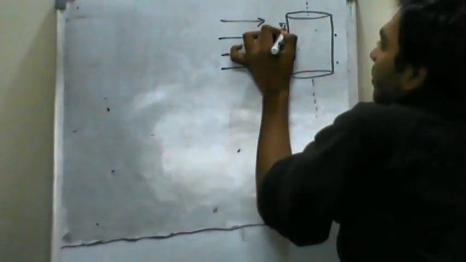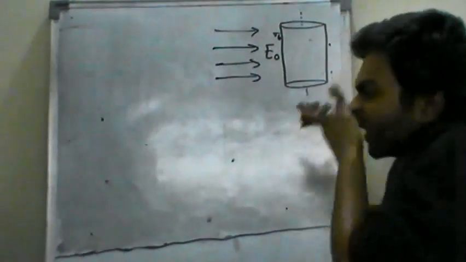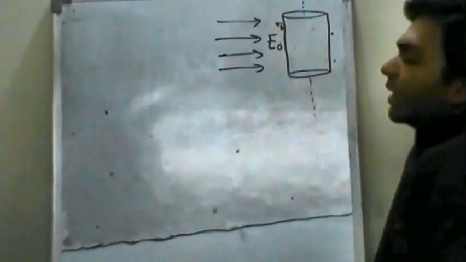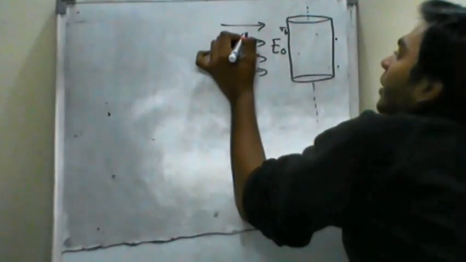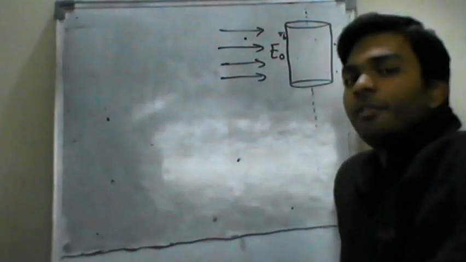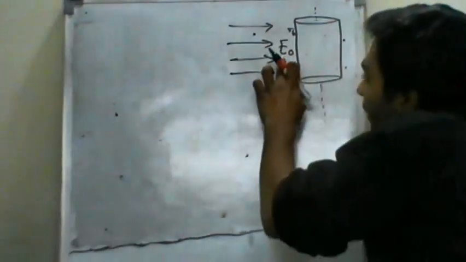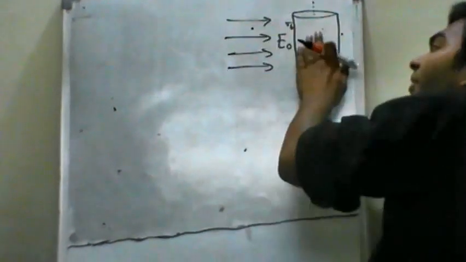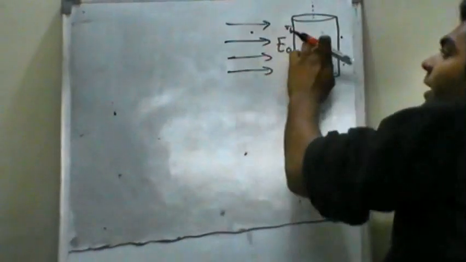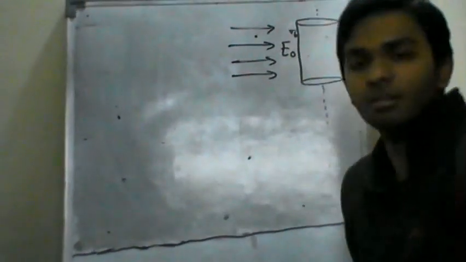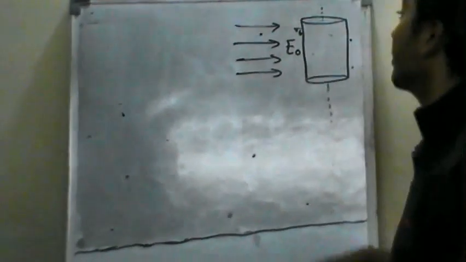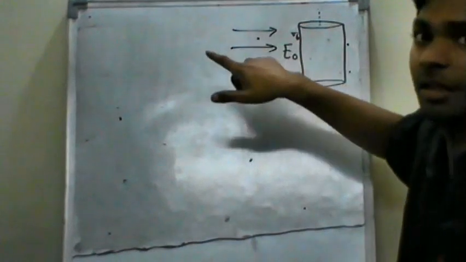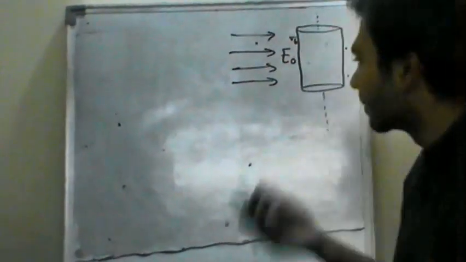So there will be a sigma B. Now this sigma B will also exert an electric field. So at some random point here, the electric field will be the superposition of E0 and the field due to sigma B. That net field divided by K will be the answer. That is correct. But to calculate the net field due to the sigma B, it's going to be challenging, right?